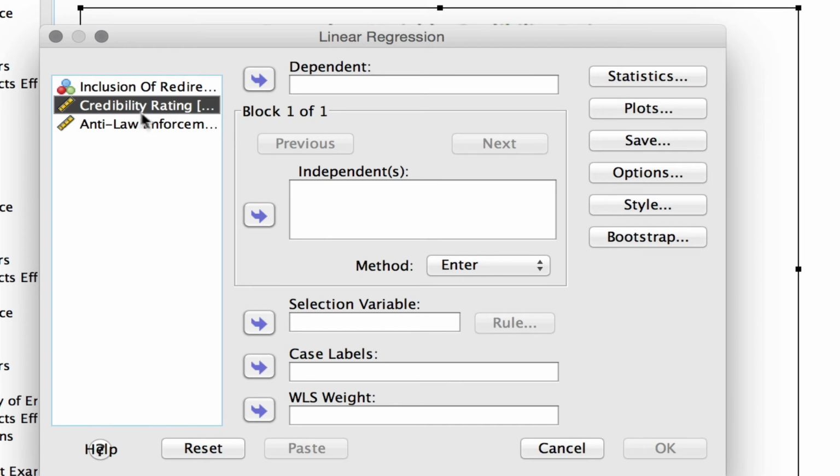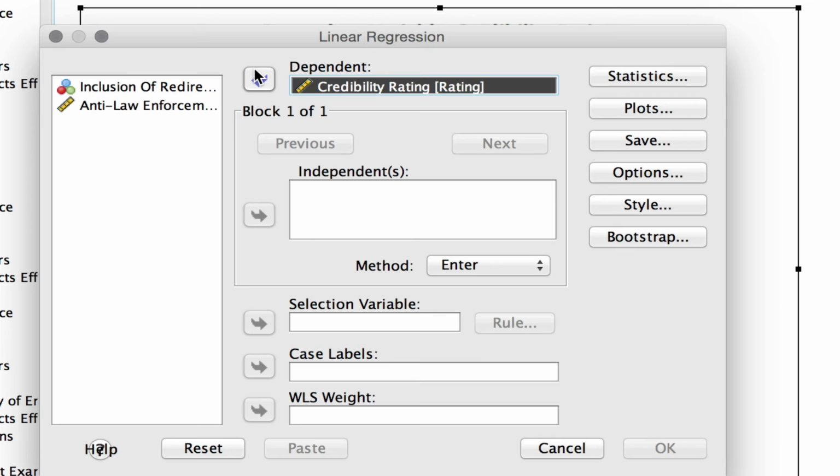The thing we want to look into is credibility rating. That's our dependent variable, and our predictors, or the independents as this calls them, are our independent variable and our covariate.